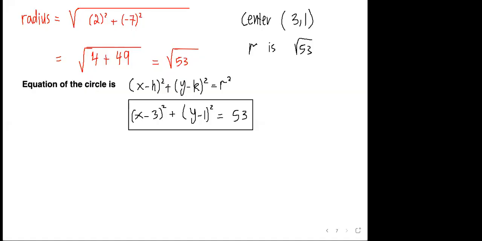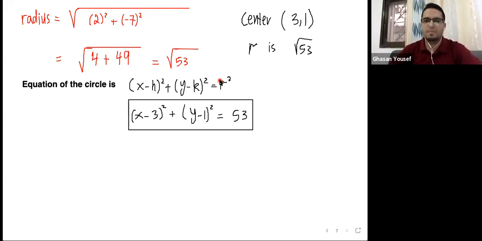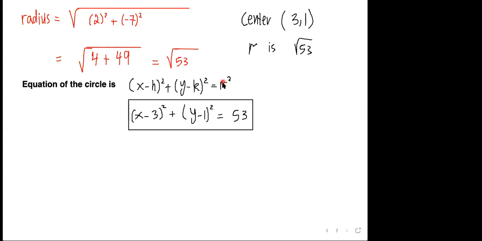I know you said the radius is the square root of 53. So you just square root it and that would be your radius. But it's not a perfect square. Yes, exactly. So you would just leave it as square root of 53 and they would understand that that is the radius.